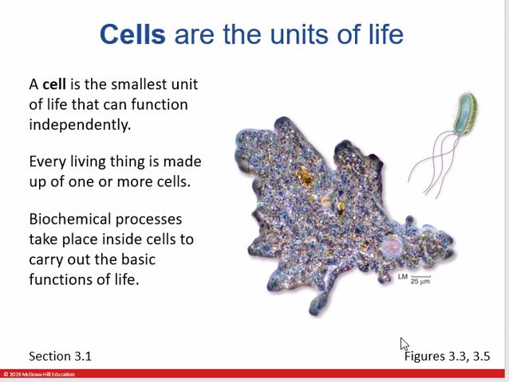Who knows the names of those four distinct types of eukaryotes? Fungi, animals, plants, protists. Very good. I will start with protists because protists are an early, very primitive type of organism.